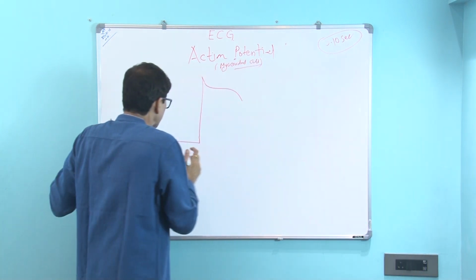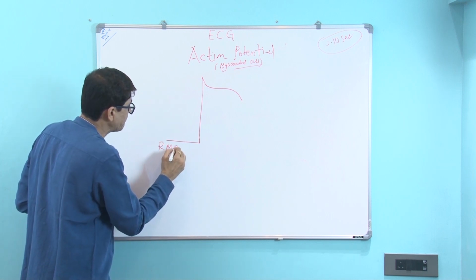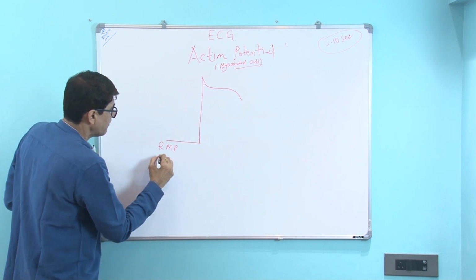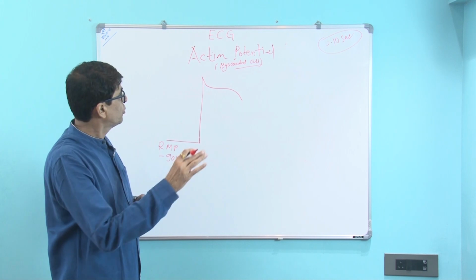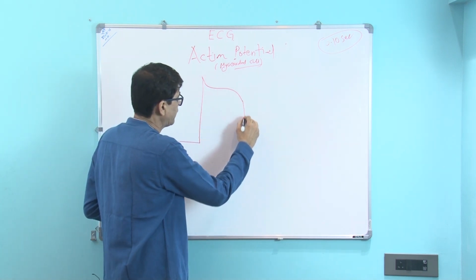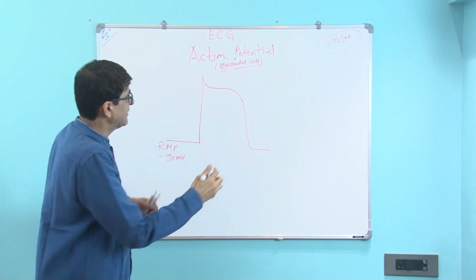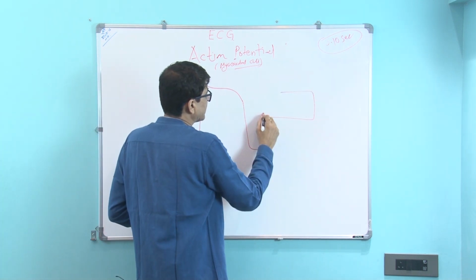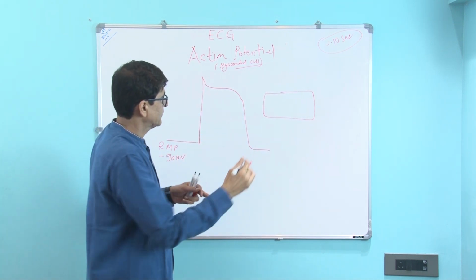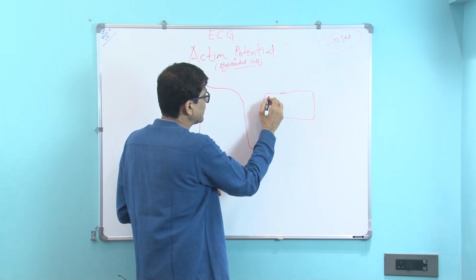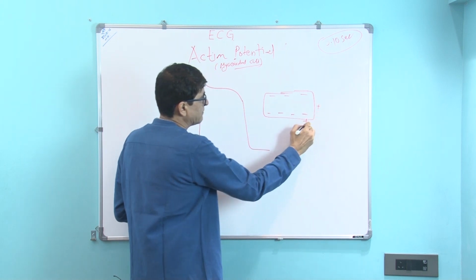So see, what we call the resting membrane potential, RMP, is minus 90 millivolt. Action potential is what I was talking about. So what is basically an action potential? This is a cardiac myocyte, and when it is at rest, it is negative inside and positive outside.